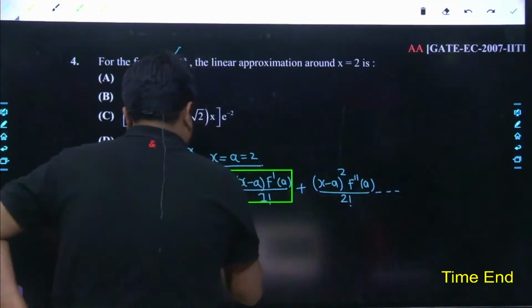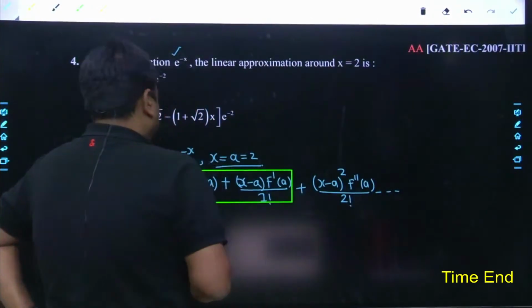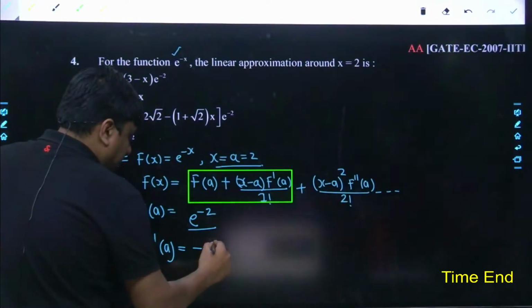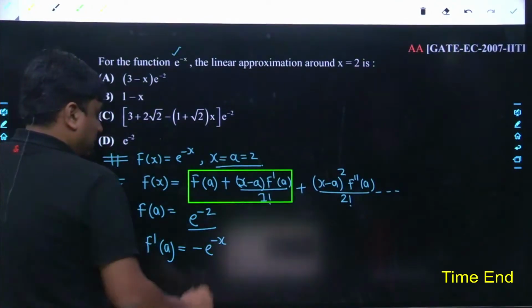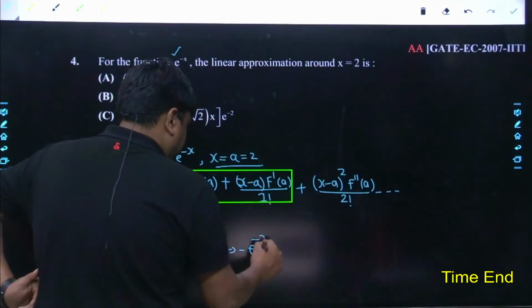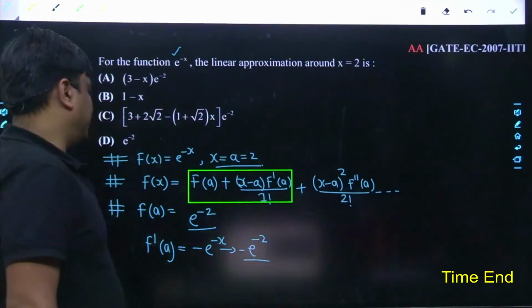So here comes e to the power of minus 2. Then we take its derivative, which is minus e to the power of minus x, and again I feed x as 2, so it is minus e to the power of minus 2. We'll feed these values and try to get the best answer.